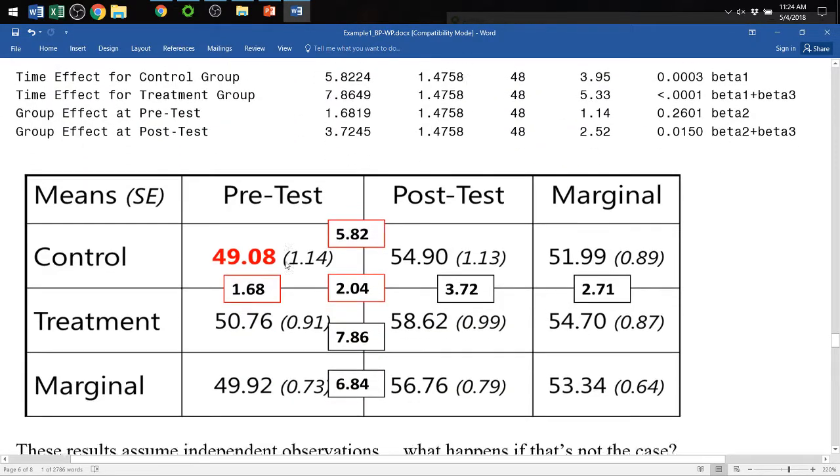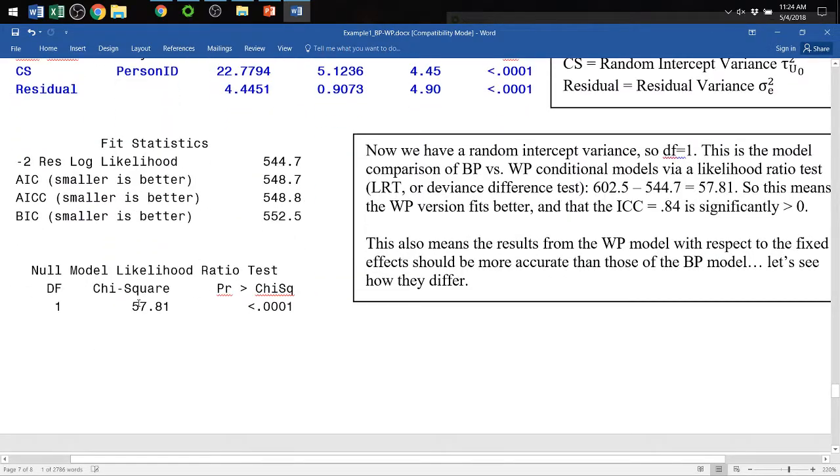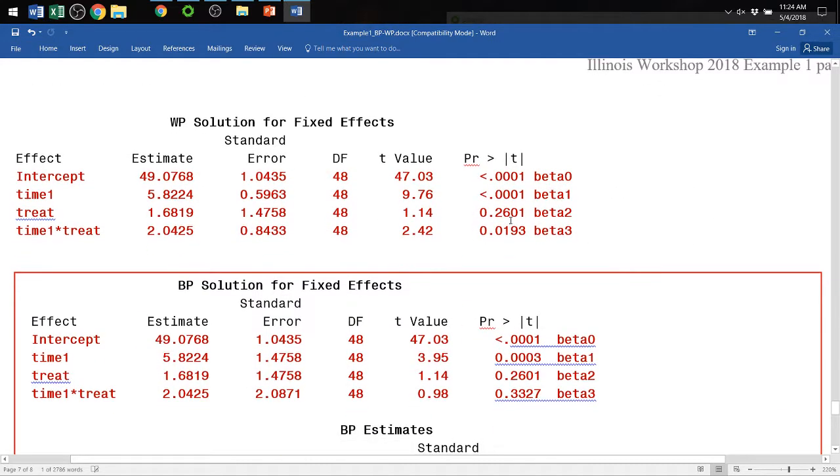So 602 minus 544 gives us 57. 57 is bigger than 3.84, so yes. That gives us an empirical basis by which to say, I like this one better. That's significant. A 2-pile model fits better than a 1-pile model, therefore its results should be more trustworthy.